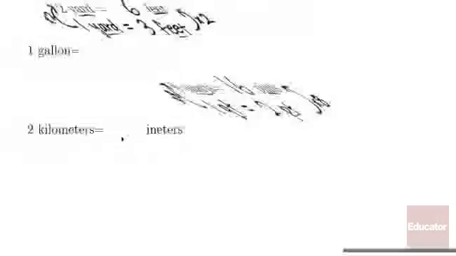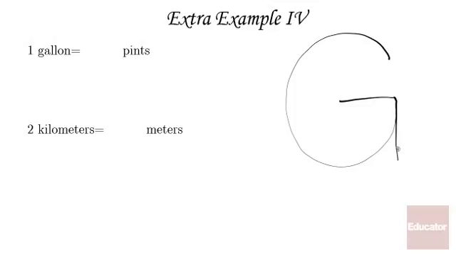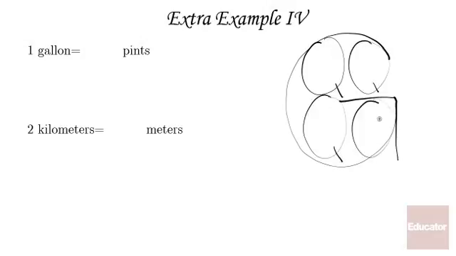Okay, let's do a couple more. 1 gallon equals how many pints? Now, you can draw your G again. So let's draw a big G so you can look at it. G for gallon. I know that 4 quarts equals a gallon, so you just draw this over. And within each quart there are 2 pints.